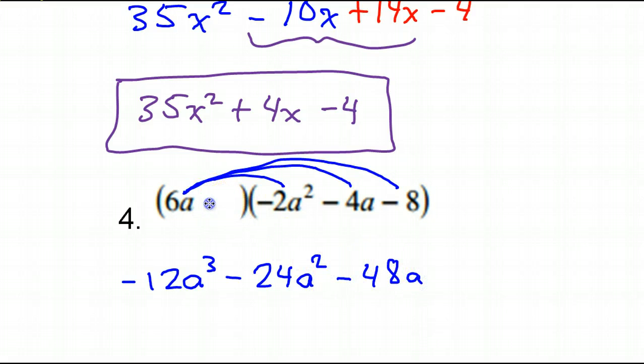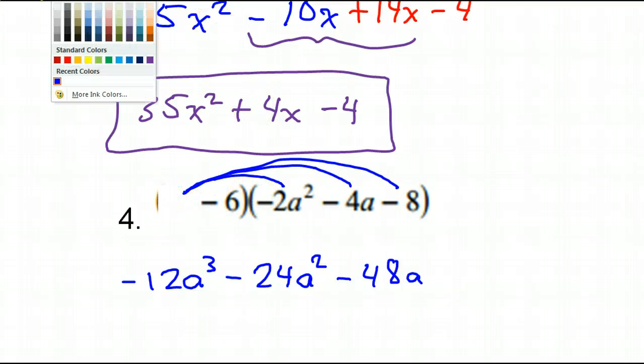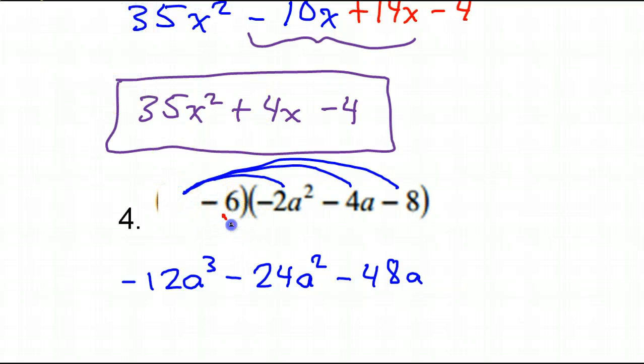Okay, now let's cover up the 6a, and let's do the distributive property with the negative 6. Not just 6, negative 6. So, negative 6 times negative 2a squared. Negative times negative is a positive, so that'll be positive 12a squared. Now, a good idea is to start lining up your like terms.